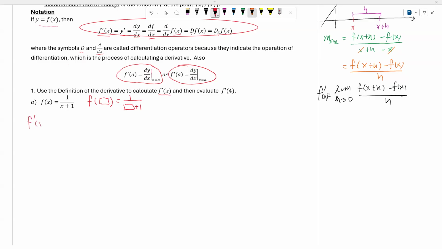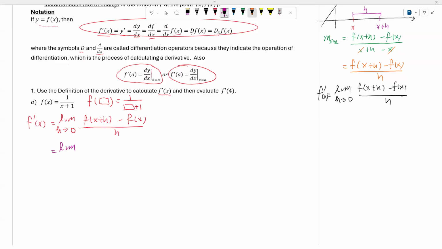So if I want to find f prime of x, it equals the limit as h goes to 0 of f of x plus h minus f of x over h.